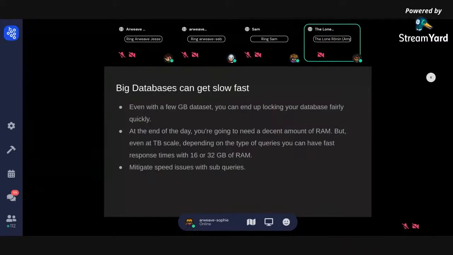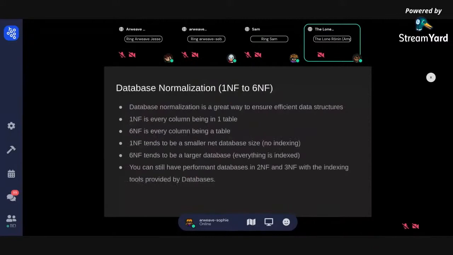But even at terabyte scale, if you have indexes structured efficiently, you can still have fast queries even with 16 or 32 gigabytes of RAM. Another thing is that subqueries are also a great way to really reduce lock times on your database in general.